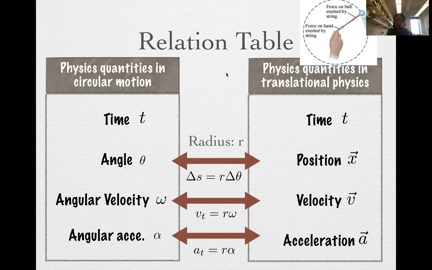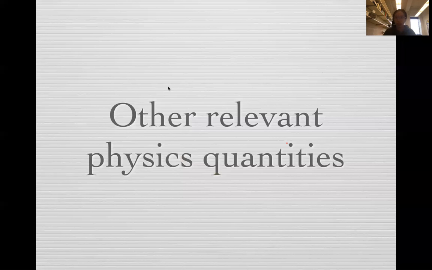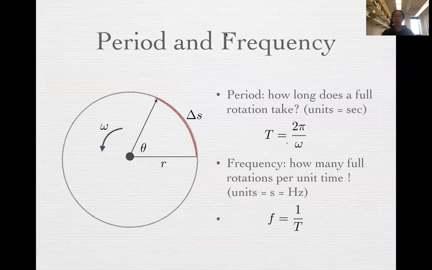Now we've talked about two sets of relationships: one between angular quantities, and one between angular and linear motion. Now I'm going to talk about another set of relationships, related to some other physics quantities that you will see a lot when we talk about circles. One is called period and one is called frequency.